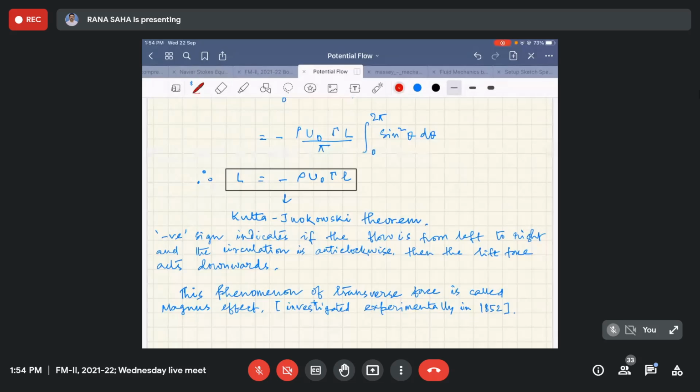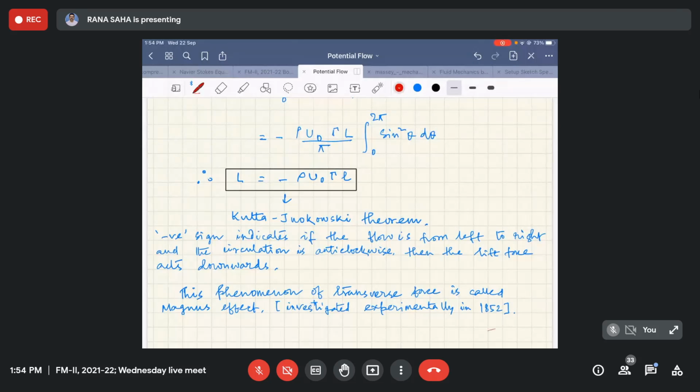But still, I think most of us have seen this type of phenomenon, either for a cricket ball or a tennis ball, whatever. So the spin along with the direction of its movement as a combination will result in a transverse force.